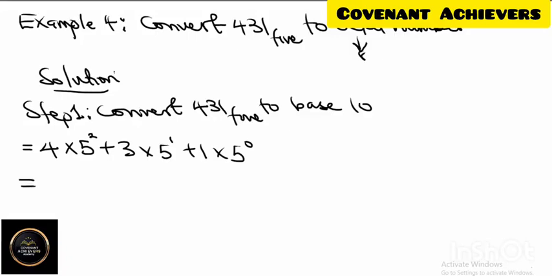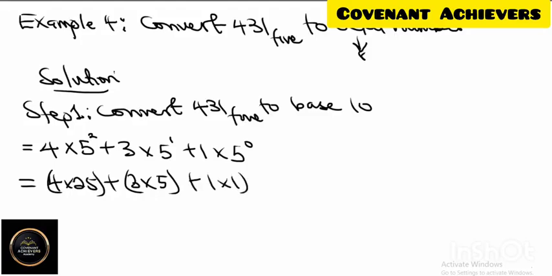And what will that be? That's going to be 4 times 25, then plus 3 times 5 plus 1 times 1. And in that case, that becomes 100 plus 15 plus 1, and that really was 116 base 10.